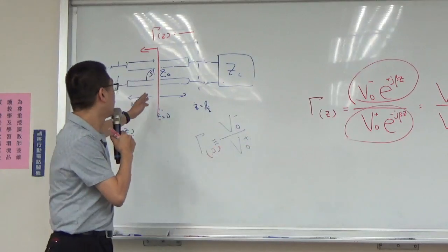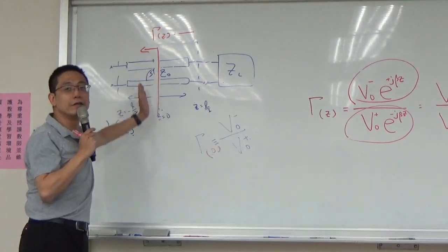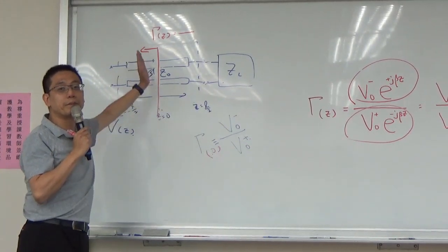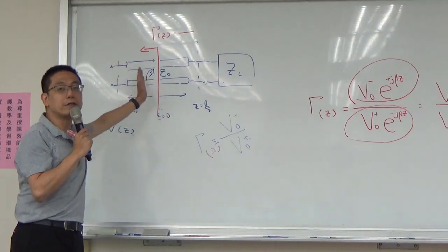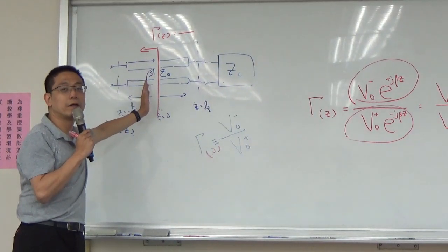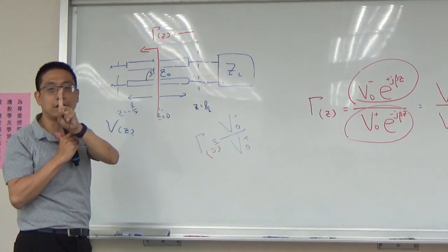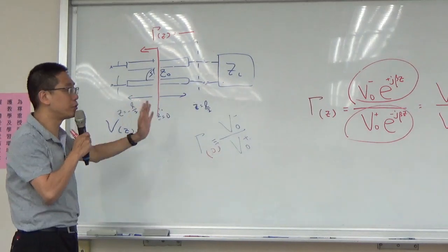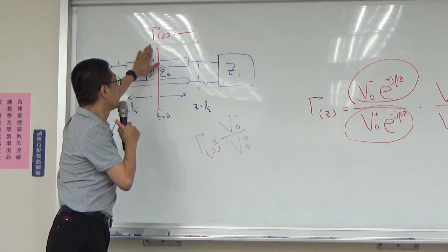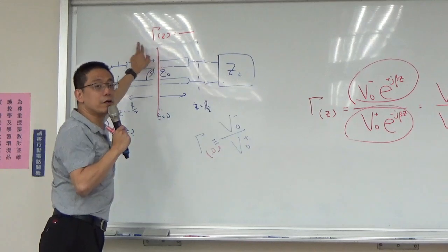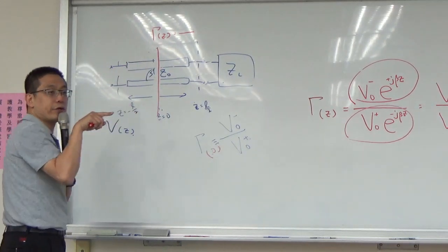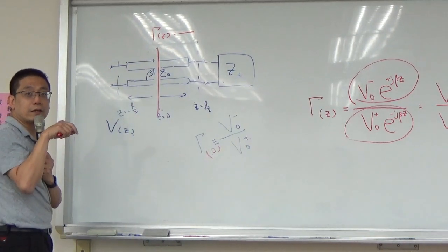It depends on how you read the direction. Gamma is a function of position, and you should tell us which direction you are looking at.